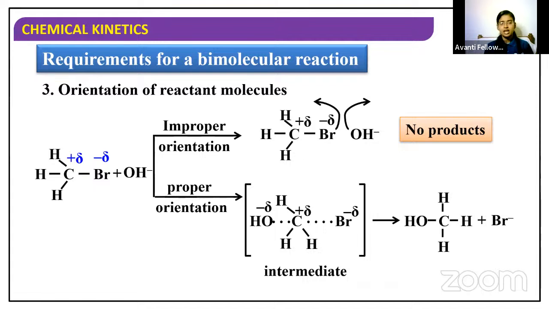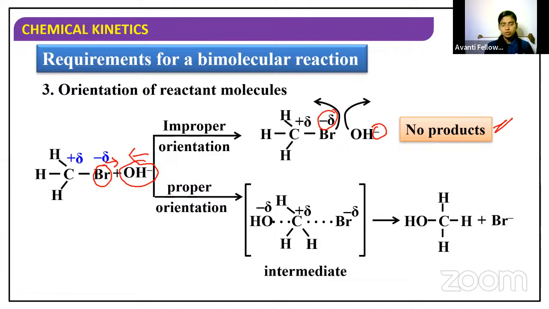So what is the proper orientation? If this OH minus comes from the same direction where the Br minus is also there, then the products are not formed. They are repelled because both are negatively charged. Br is negatively charged, OH is also negatively charged, so like charges will repel each other. So improper orientation leads to no product.